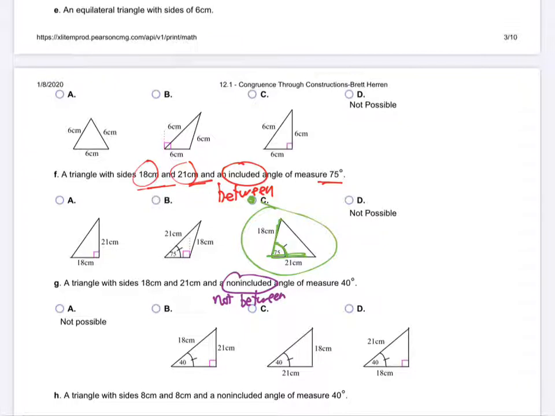Here's an 18 and a 21, and that angle, that 40, is not between them, right? It's not up here. That would be the between. It's not between them. That one's looking good. But so is this one. Here's the 18 and the 21, and there's the 40. It's not between them. That looks good. Here's the 18 and the 20. No, this one's bad. Here the 40 is between them, so it's not that one, is it? We're supposed to not put it between them.